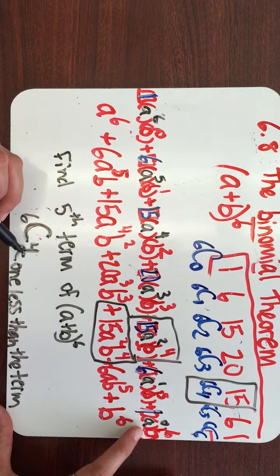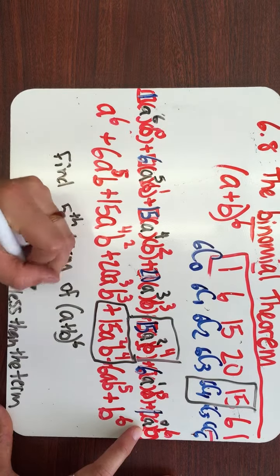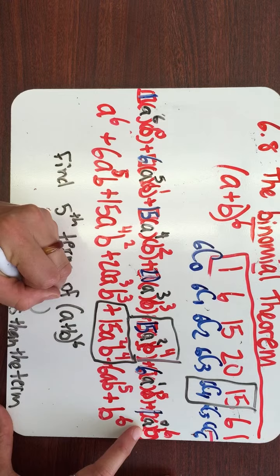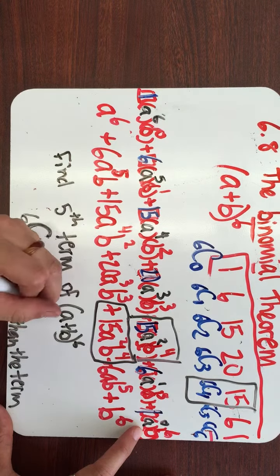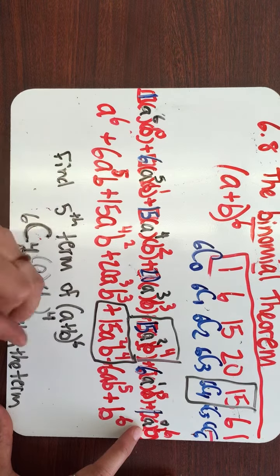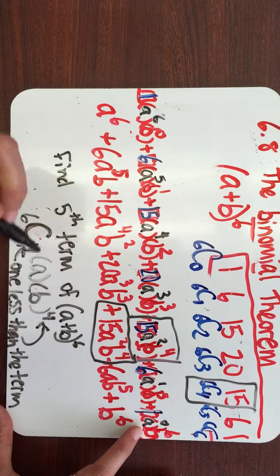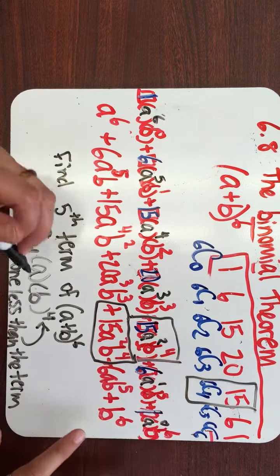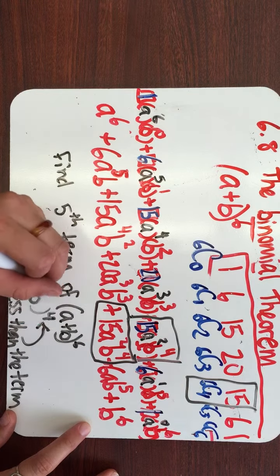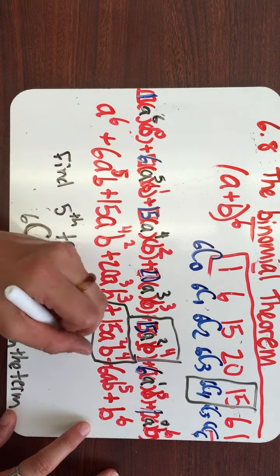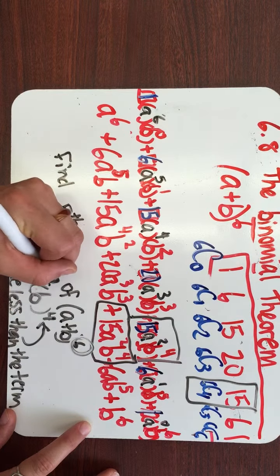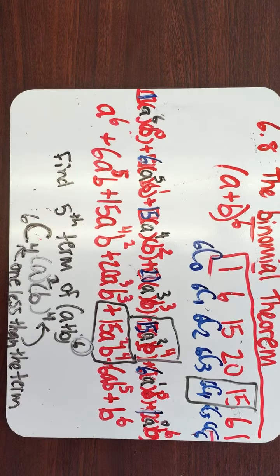So it's always 1 less than the term you're finding. And then in here, we put the first term and the second term. This b is always going to be to the same power, so it's the same with this here. And these two always have to add up to your 6, or whatever you're expanding it to. So 4 plus 2 is a 6. And that's how we'll get that.